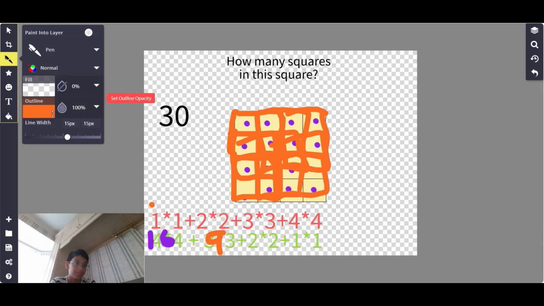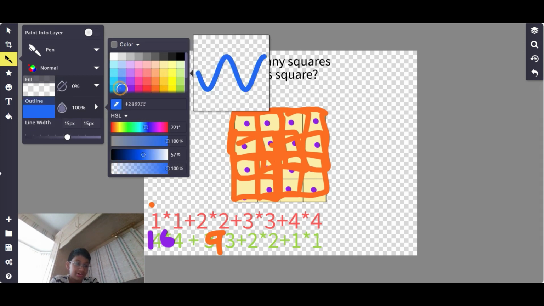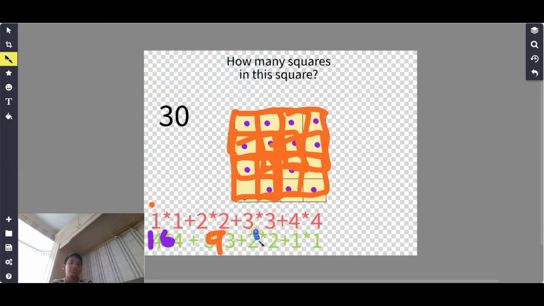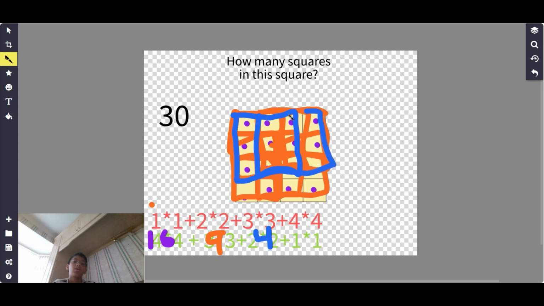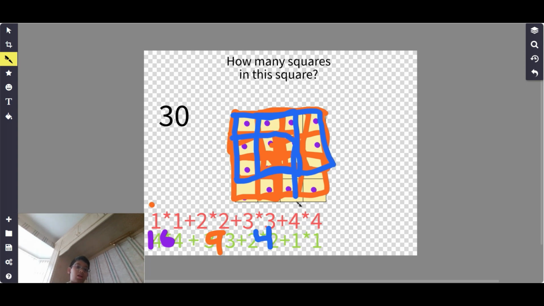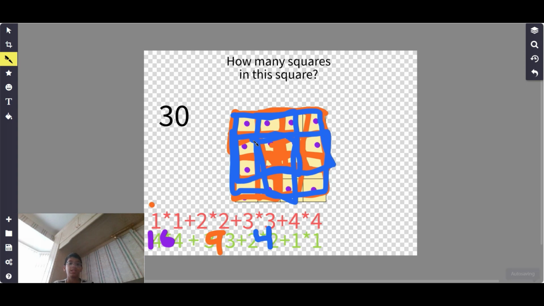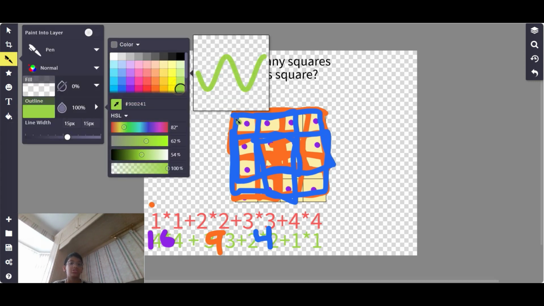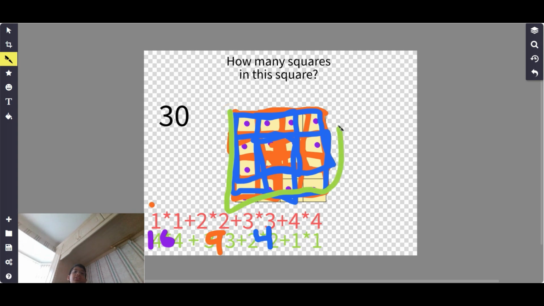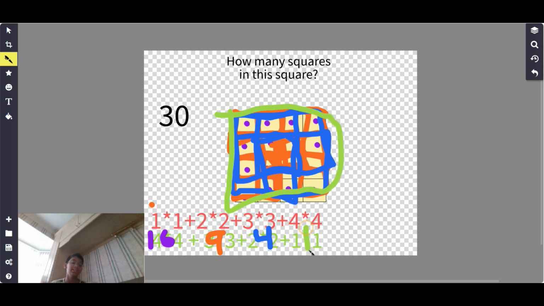There are 4, 1, 2, 3 and 4. And how many 4 by 4 squares are there? 1, because this whole thing is a 1. See, this pattern really works.